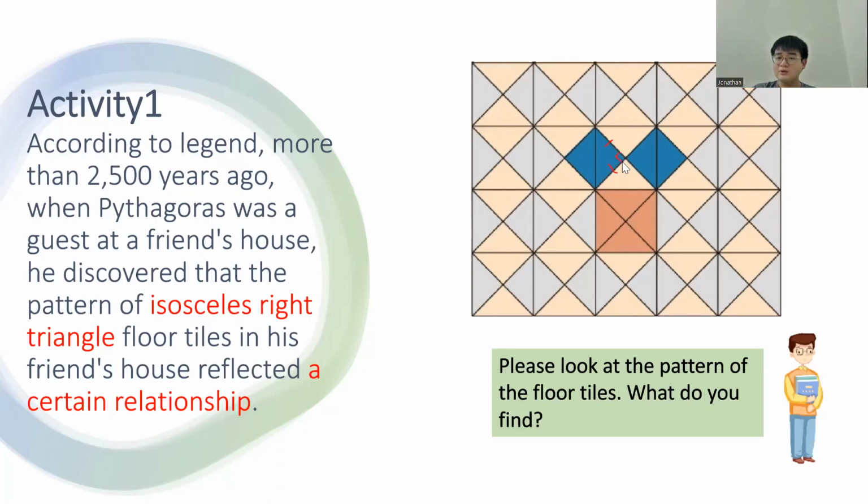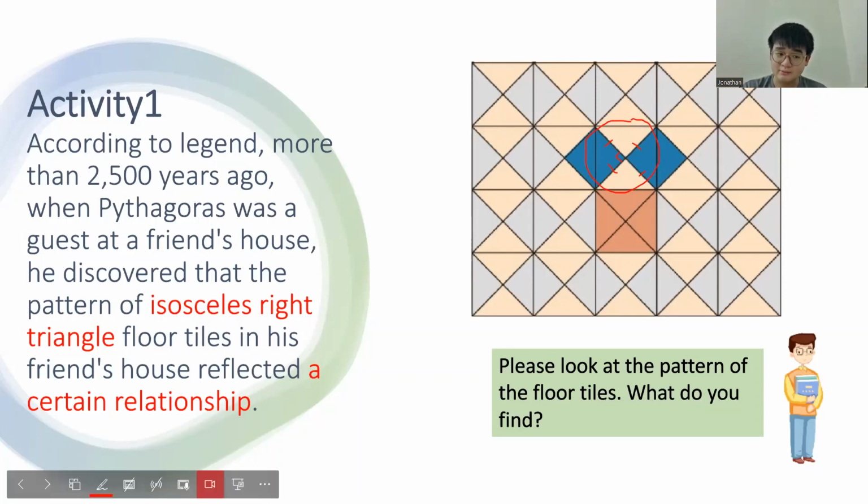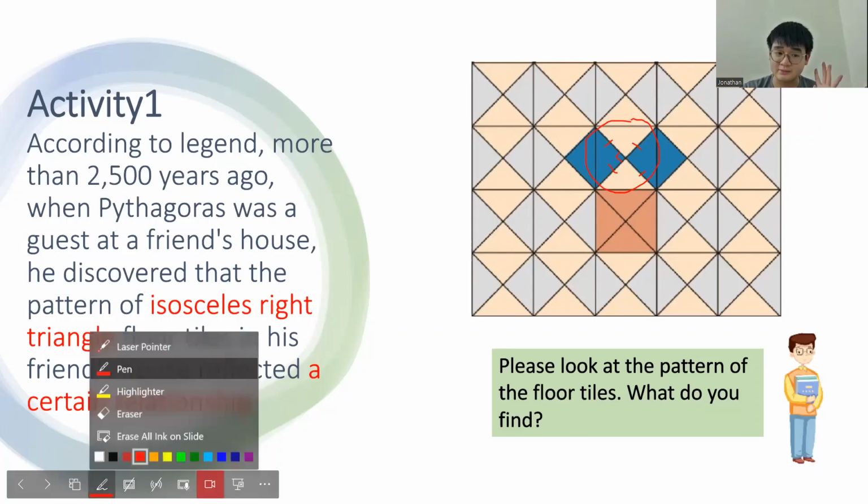All of them are the same isosceles right triangle. So in a small square here, you can actually find four isosceles right triangles.